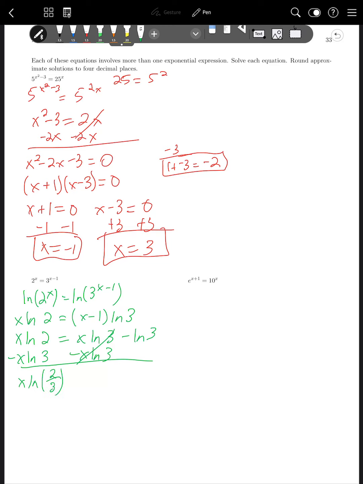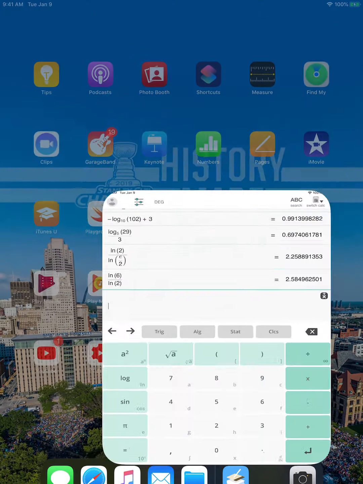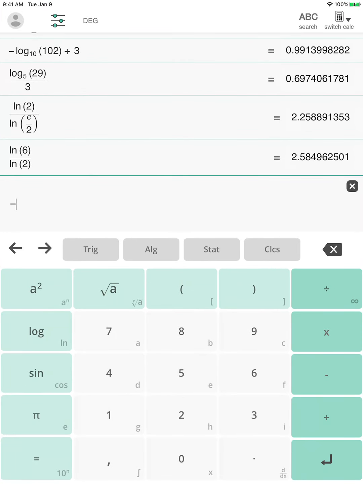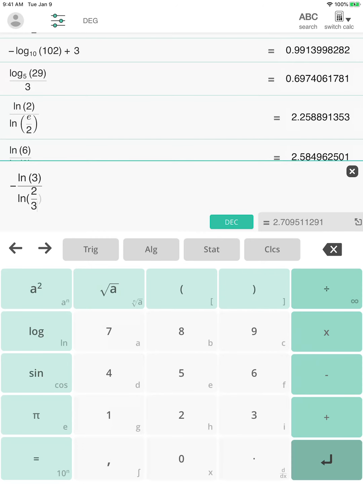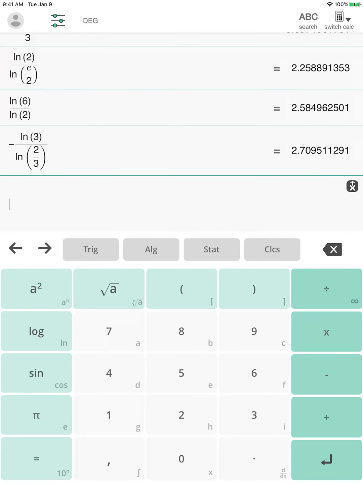So we get x times the natural log of 2/3, and then divide to get x by itself. So x equals negative natural log of 3 divided by the natural log of 2/3, and now you can put that in your calculator to get an approximation. So negative natural log of 3 divided by the natural log of 2 divided by 3. So that's 2.7095 approximately.